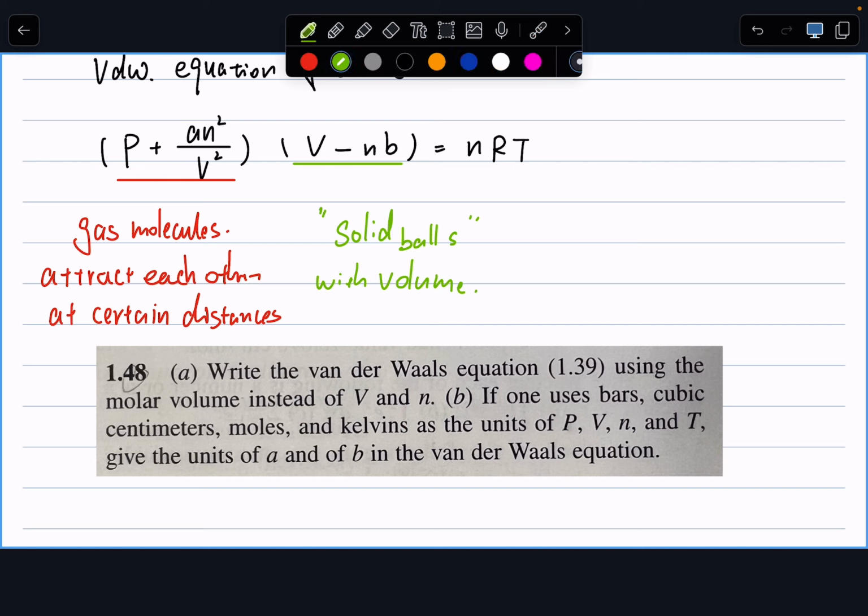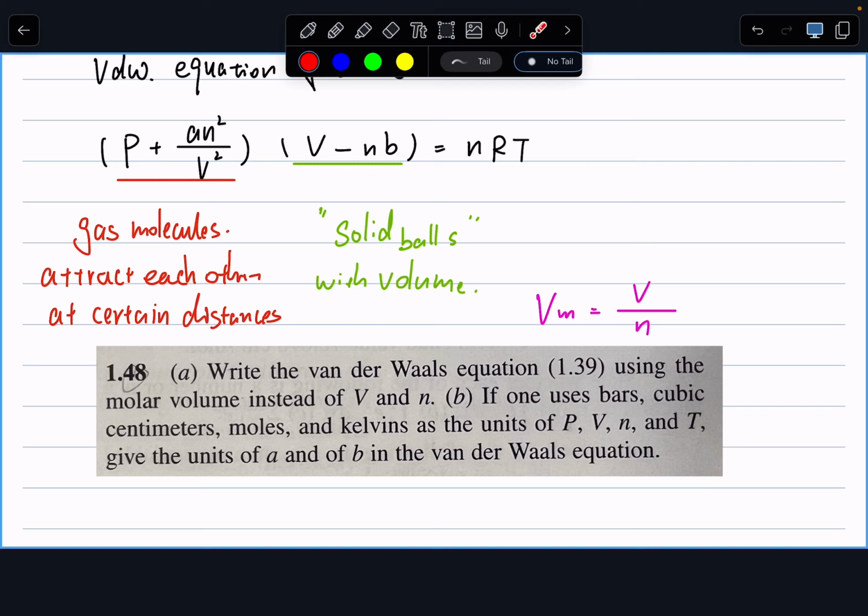Remember, our molar volume Vm, where the M tells you it's a molar volume, equals volume divided by number of moles. And next, if you're using bars, cubic centimeters, moles, and kelvins as units for P, V, n, and T, can you derive the units for a and b in the van der Waals equation?